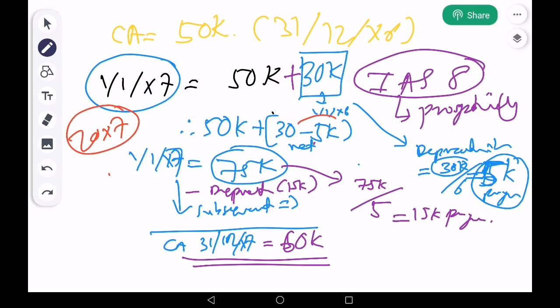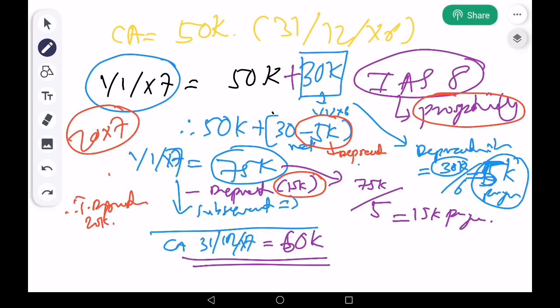Good. 5k, your depreciation being charged at that year. As I mentioned, you are using prospectively. You don't need to charge this 5k in 2006. You charge it in this year, and this year as well you have your depreciation of 15k. So your total depreciation at that year will be 20k.